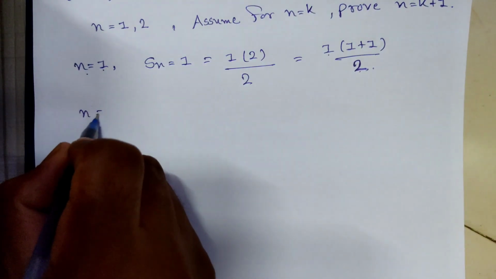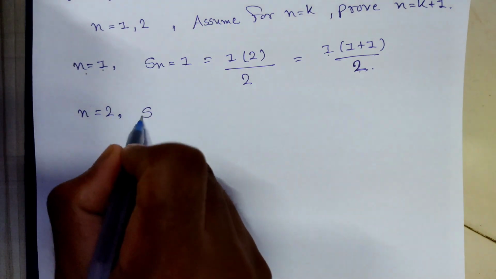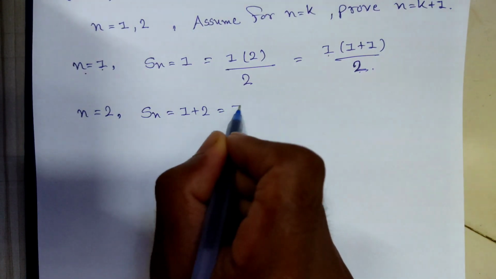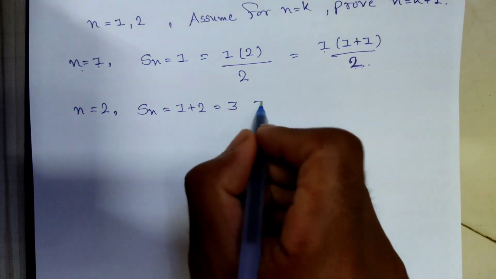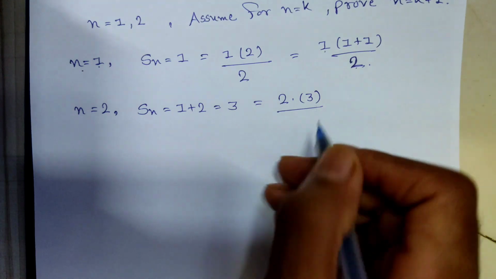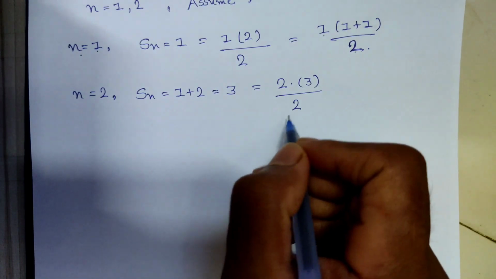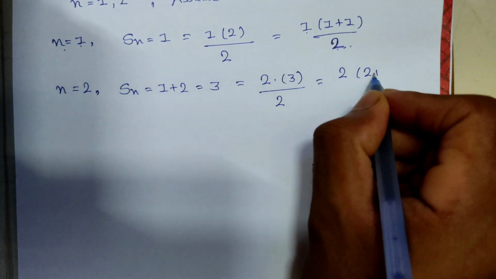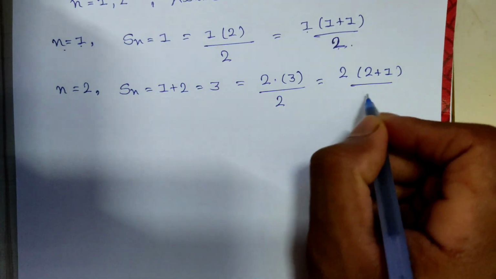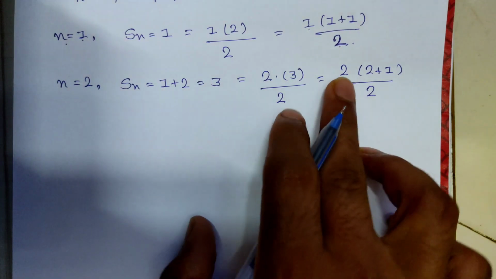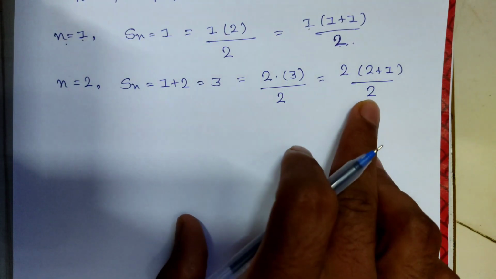For n equals 2, Sn equals 1 plus 2, which is 3, which is equal to 2 into 3 upon 2, which is equal to 2 into 2 plus 1 by 2. So it is the same, n into n plus 1 by 2.